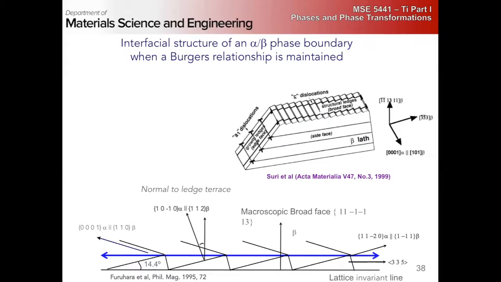This is a high angle, highly mobile interface, and we can grow the thickness of our lath by moving these ledges this way. All right, perfectly analogous to the growth of deformation twins, right?